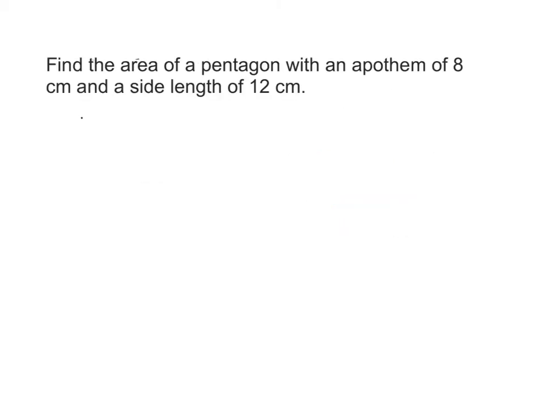So let's start here. It says, find the area of a pentagon with an apothem of 8 and a side length of 12. Now, you don't have to draw a picture here, but let's just pretend like we're going to. Let's see how good of a drawer I am. Okay, so there's a pentagon.